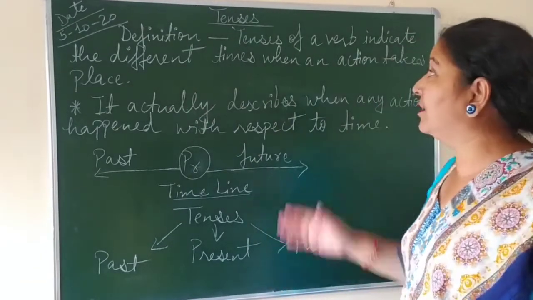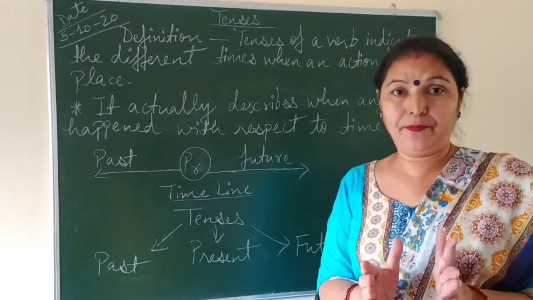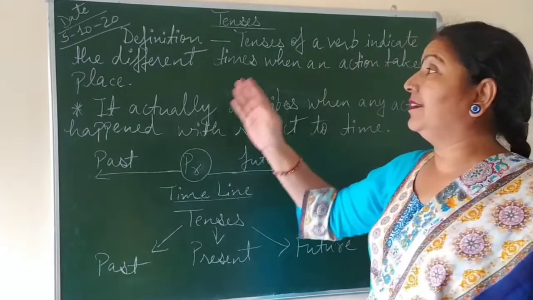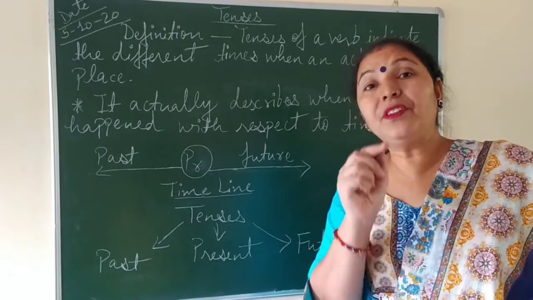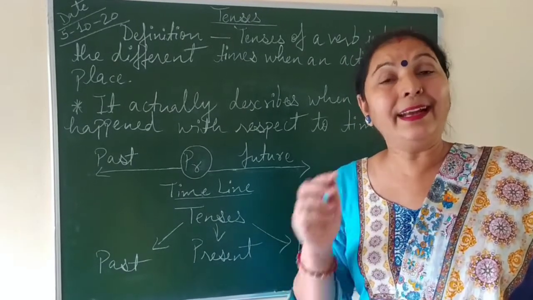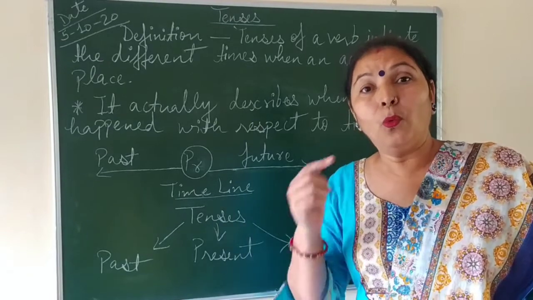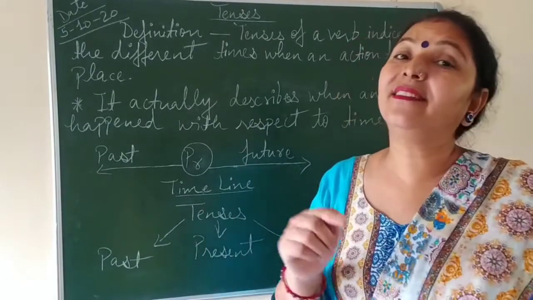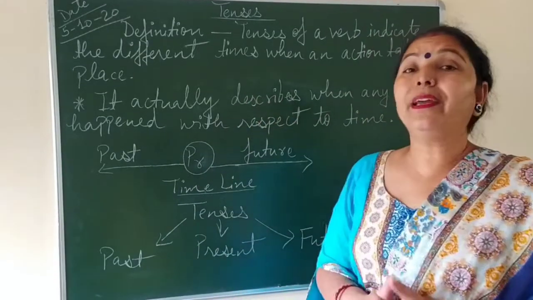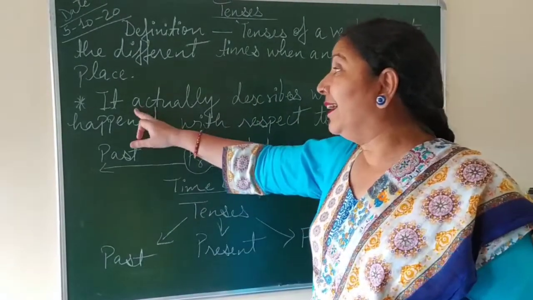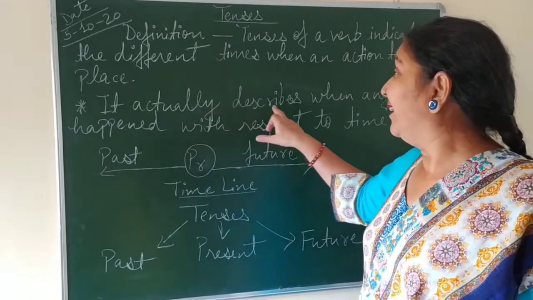It means that the tense of a verb indicates the different times, meaning the verb which is used in a sentence indicates the time when an action takes place. Through this we can convey that it actually describes.